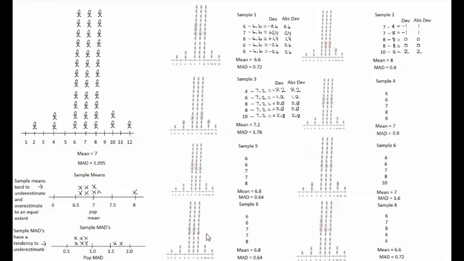Now, why is it a problem if the sample mean absolute deviation tends to underestimate the population mean absolute deviation? The reason is because the sample can give you misleading information about how spread out the population actually is. This sample is making it look like the population has less spread than it actually does.